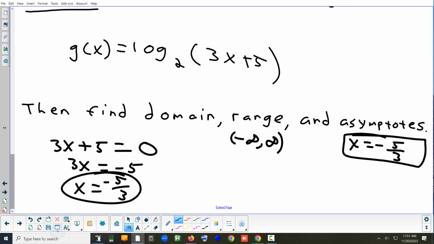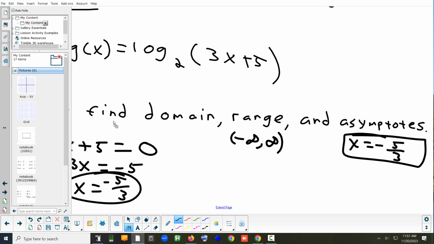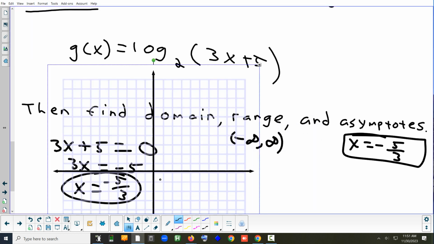All right, let's sketch it. So when you are writing the vertical asymptote, it is helpful to know what the decimal is. -1 and 2/3. That's about -1.6 repeating. So that's where you're going to put the vertical asymptote.